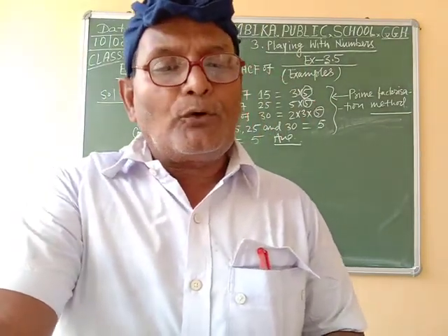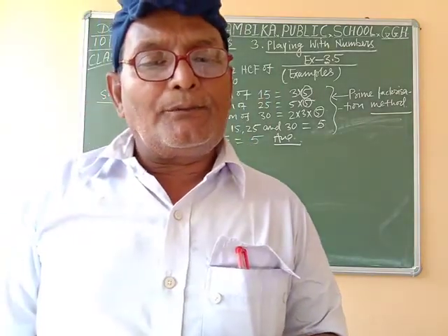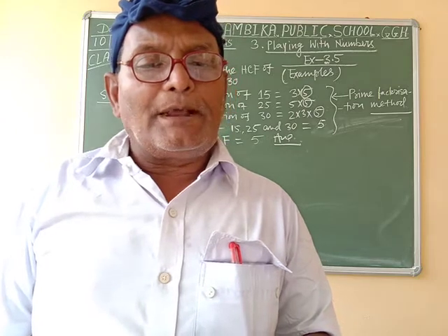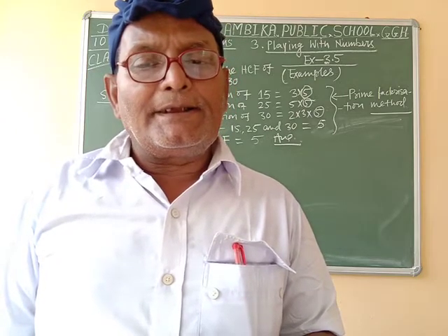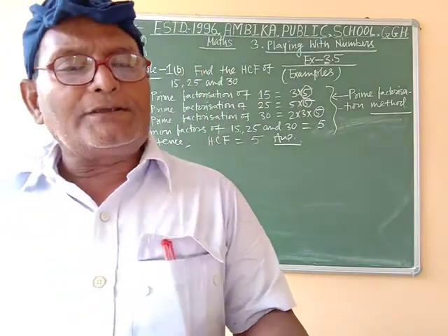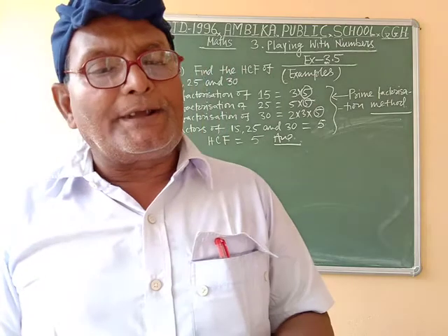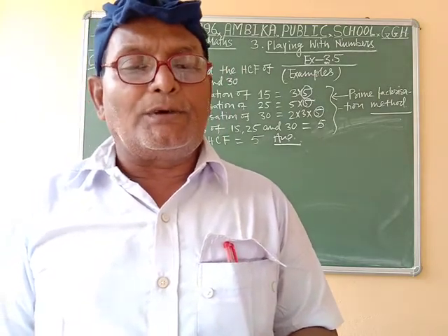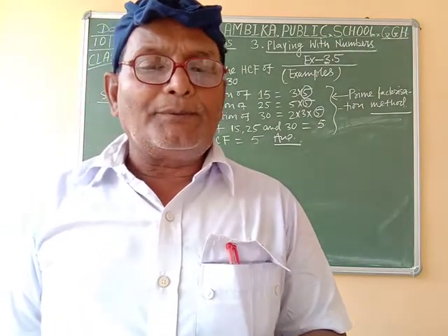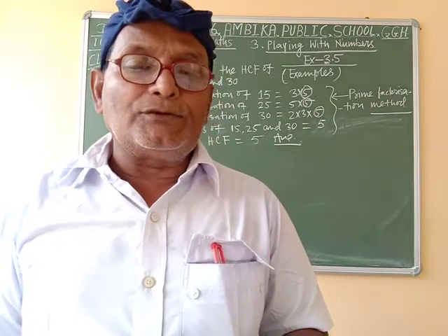In example 4, find the HCF of 101, 573 and 1079. In the question, its solution is given. Prime factorization of 101 is equal to 101 into 1. Prime factorization of 573 is equal to 191 into 3.